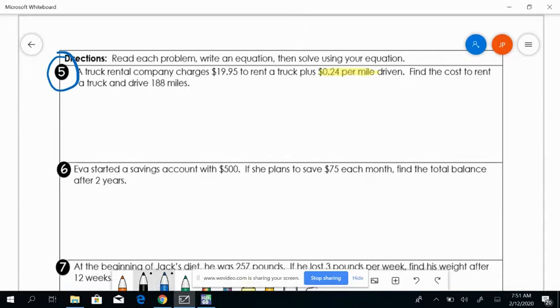So something else that you want to keep in mind, usually we said that when I've got a per, that's going to be my m. That's going to be my slope. Whatever that number is hanging out with, so like per what, per mile, that's always going to be your x, which we know is our independent variable.